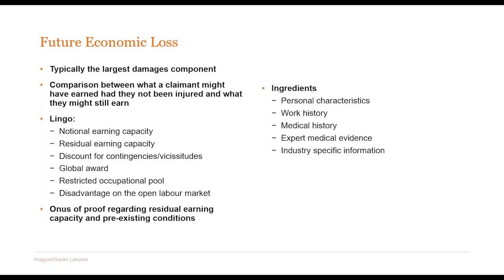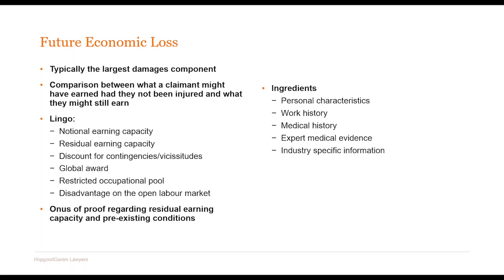So if we unpack that now concept by concept, the notional earning capacity is what we say a claimant would have earned net of tax each week for the rest of their life but for the incident. So here we're considering personal characteristics and work history. The residual earning capacity is what we say they are now capable of earning.